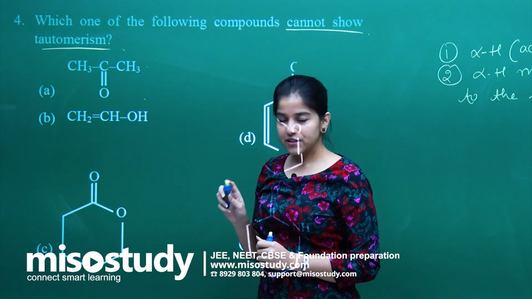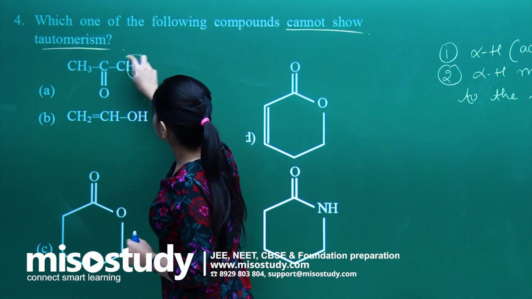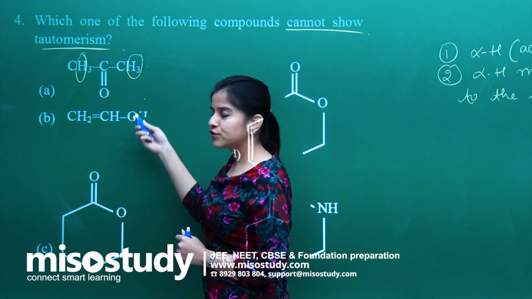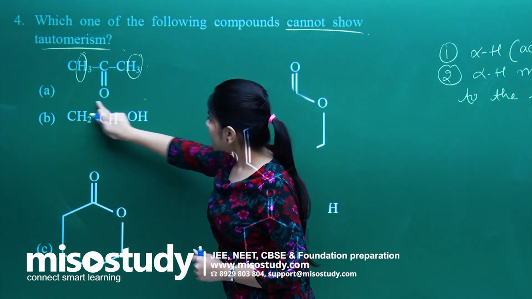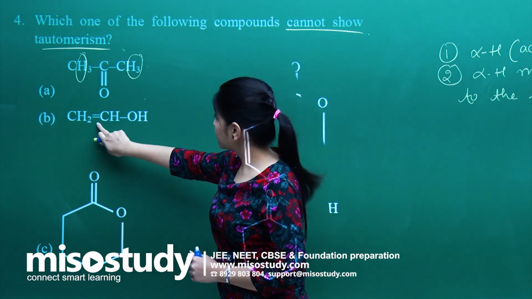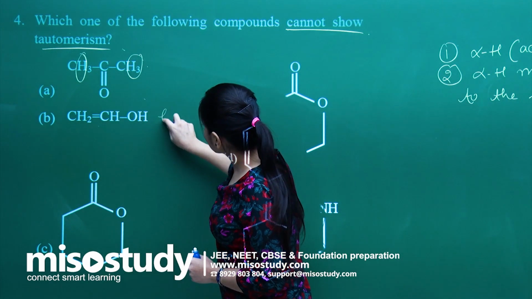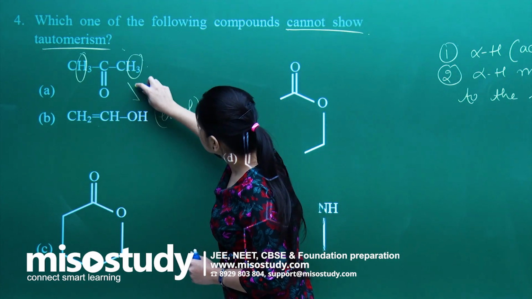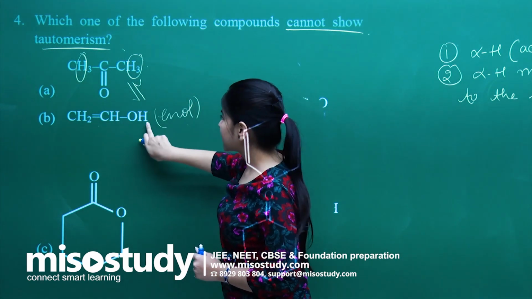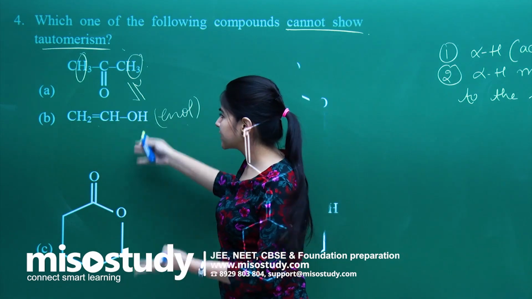In the very first, acetone, we have got so many alpha hydrogens, if you see over here. Now in the B part, if you observe this very carefully, this is the enol form of this ketone. That means definitely it is a tautomer itself.